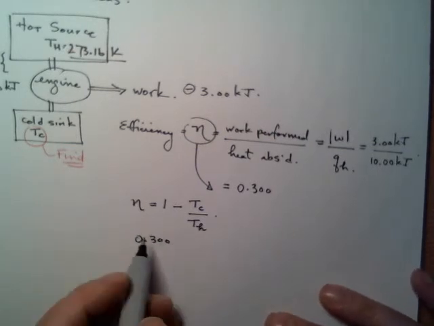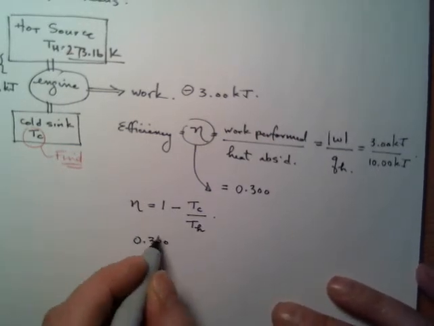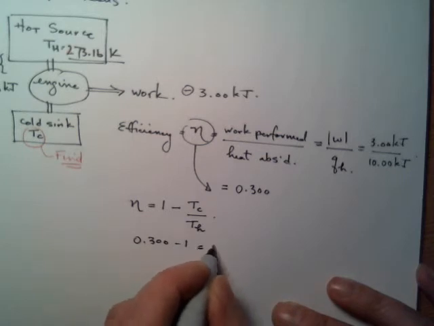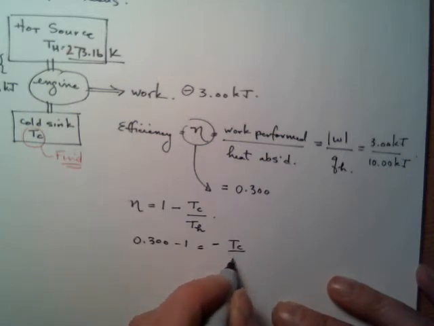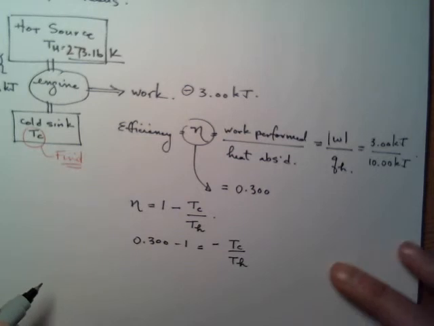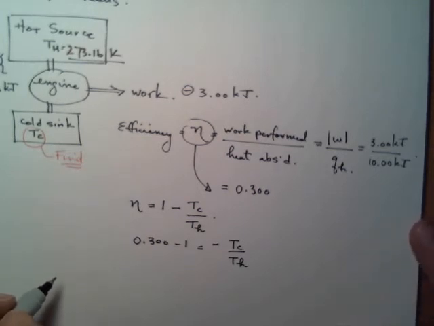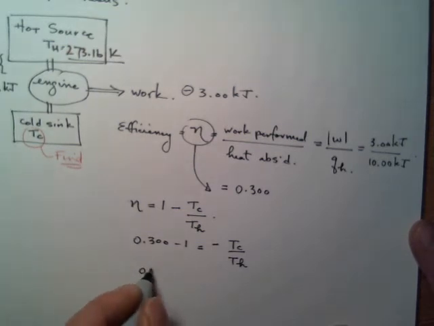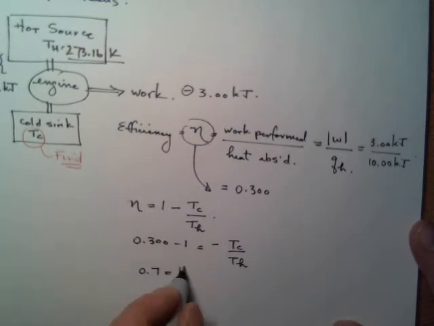And that's equal to the right-hand side, but I'm going to bring over the 1, so that will be a minus 1, and that's equal to a minus T cold over T hot. I'll get rid of my negative signs, and I just simply now have 0.7 being equal to the T cold over the T hot.